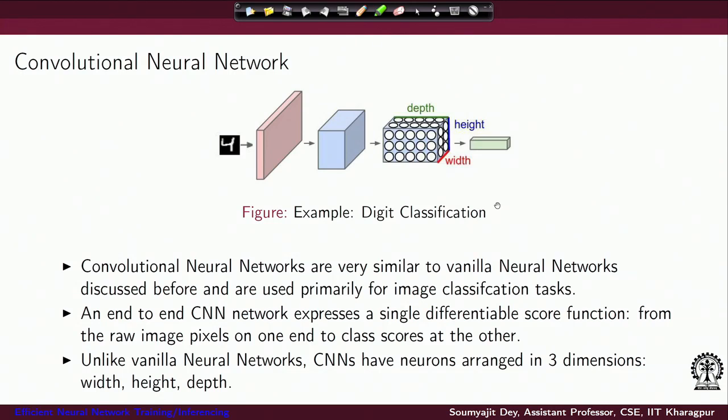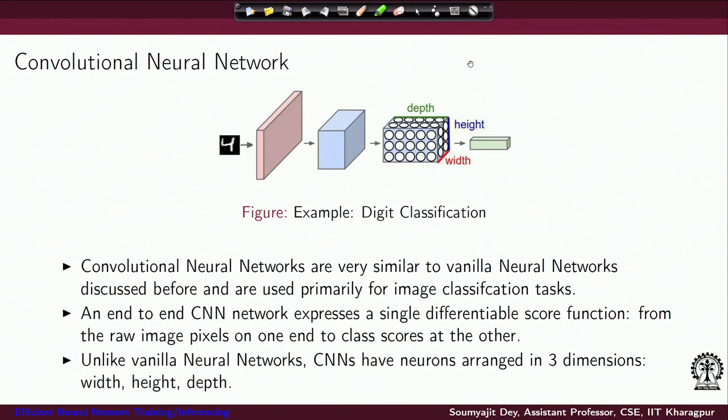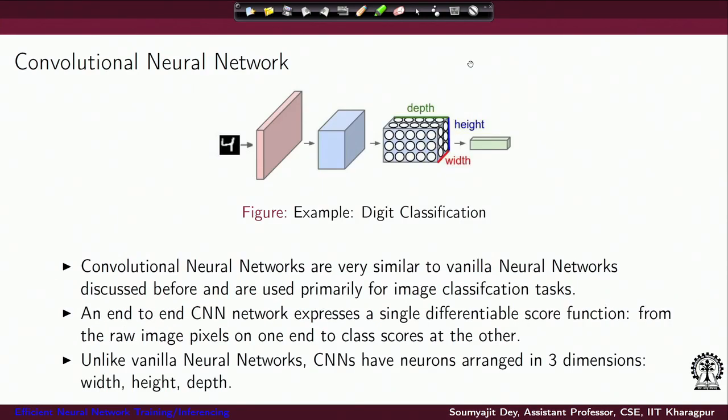So, you have the input available in a 3-dimensional structure, and corresponding to that the CNN will have neurons arranged in 3 dimensions also. And there is something important: in general, when people use CNNs, they also make use of facts like, the neural network architecture need not have full connections at every point.